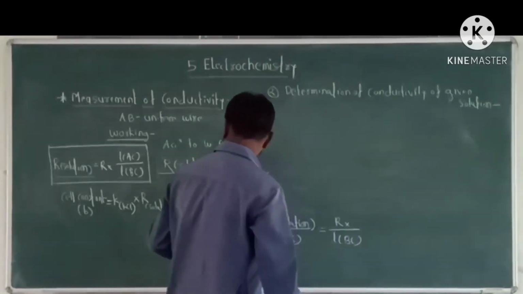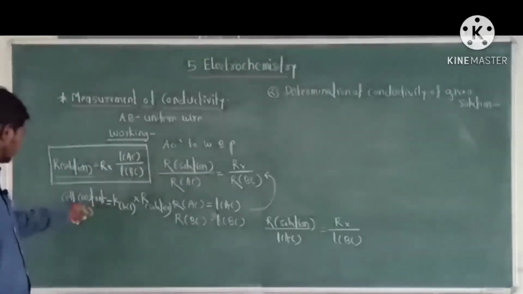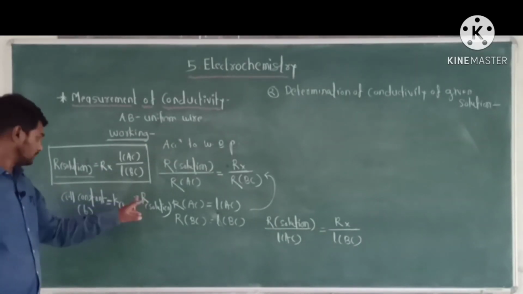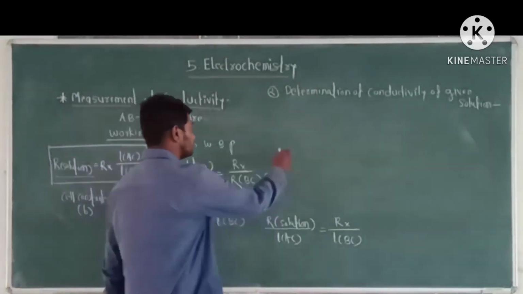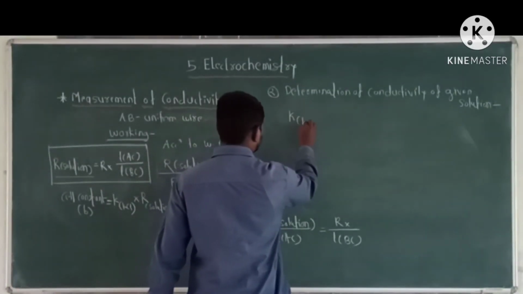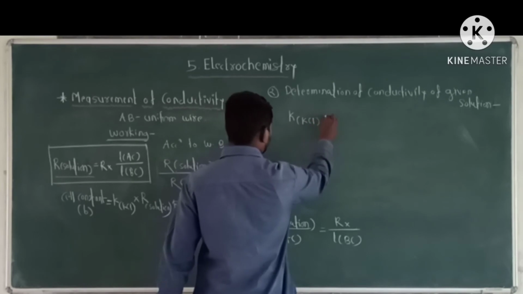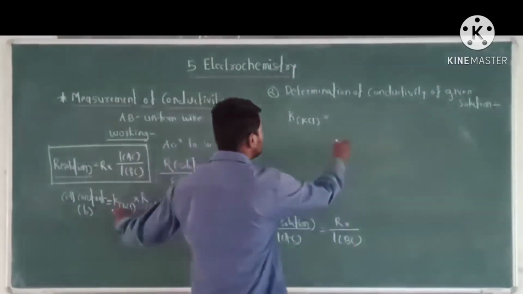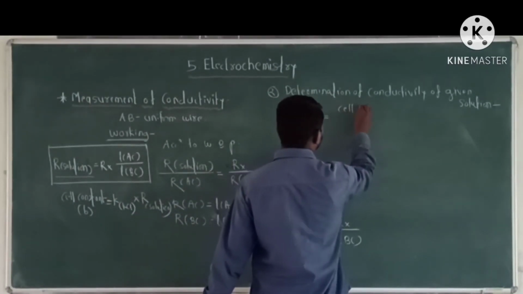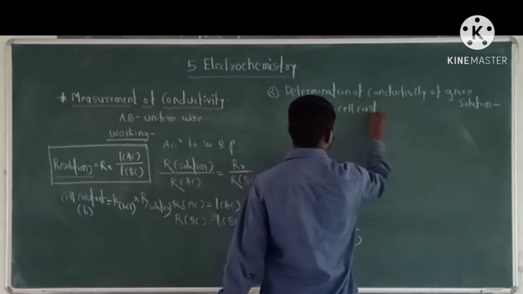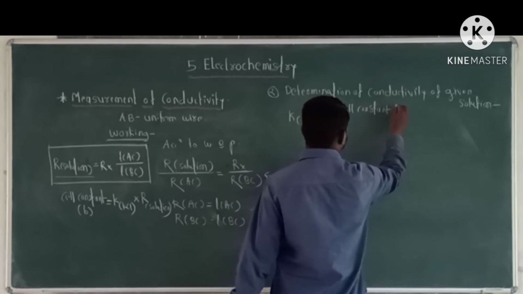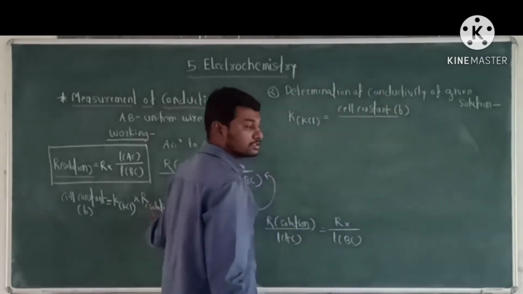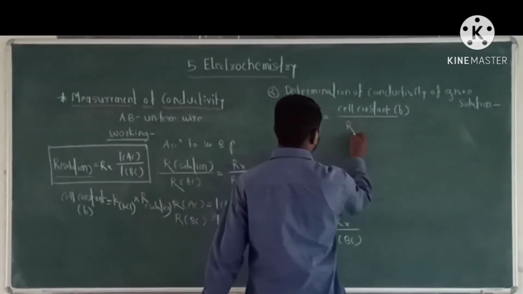Rearrange this equation, that is, cell constant is equal to conductivity K into resistance R. Rearranging, the conductivity of KCl, that is K, is equal to the cell constant, that is B, divided by the resistance of the solution.